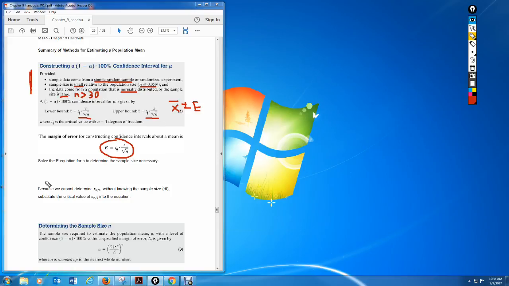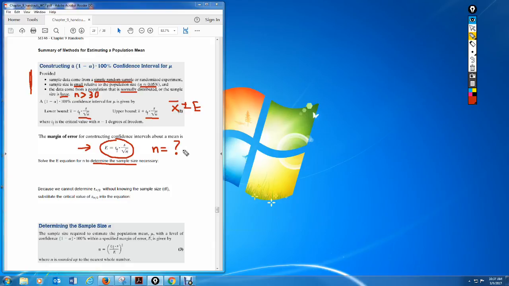Just like we had done in class today, we also want to be able to determine the sample size necessary. If I want to go out and estimate a population mean, how many samples do I need to take? Okay. So kind of like before, we want to take the equation for the margin of error, this one, and we want to solve it for n equals what? We did this in class today for the proportion equation.